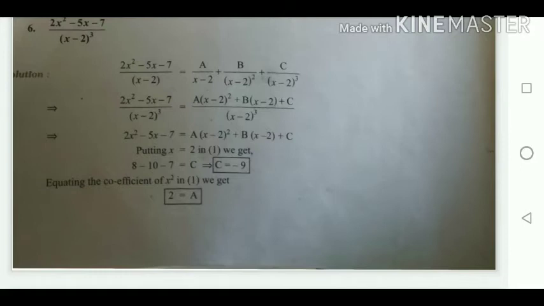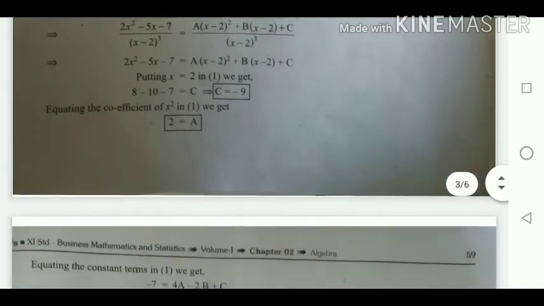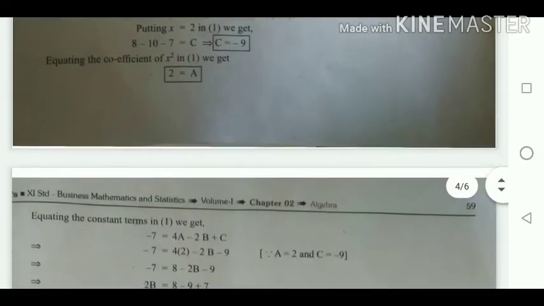In the right hand side, if you square it, that is (x minus 2) whole square becomes x square minus 4x plus 4. Okay. So a into x square, the coefficient of x square is a. In the b term there is no x square term, in c it is a constant term. Therefore we are getting the value of a if you equate the coefficient of x square. Then we find the value of a as well as c.